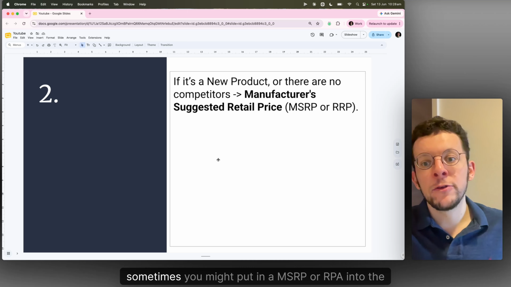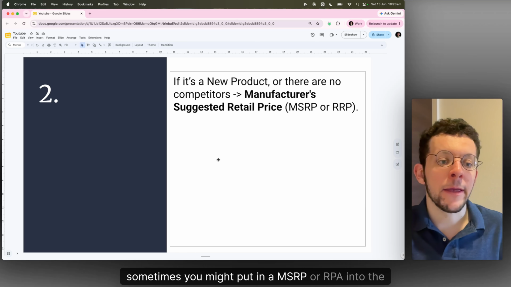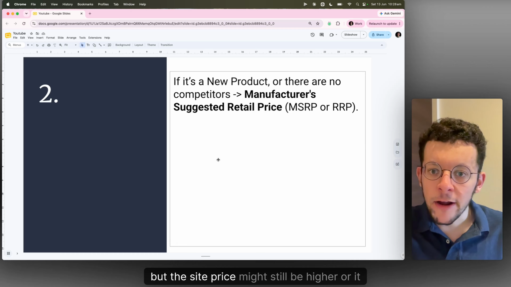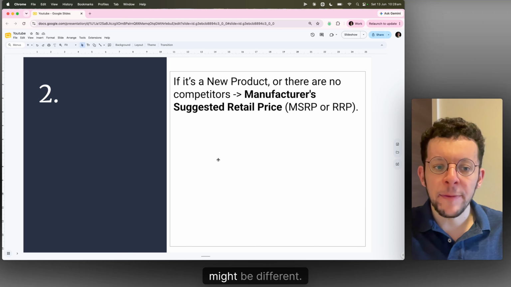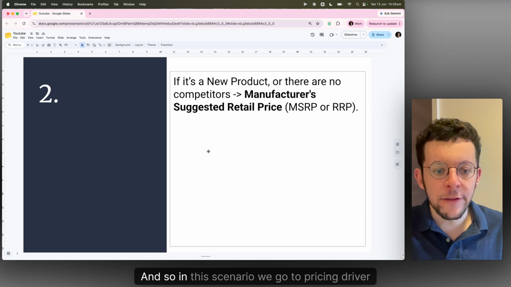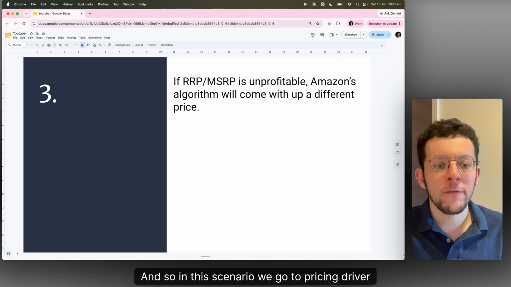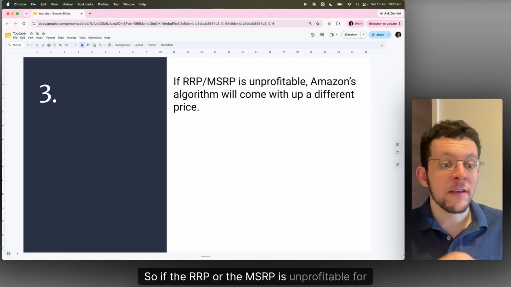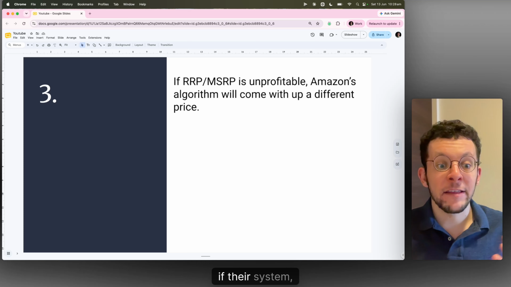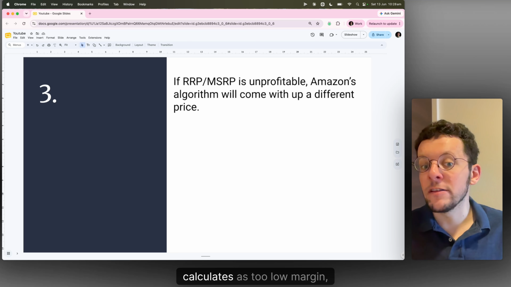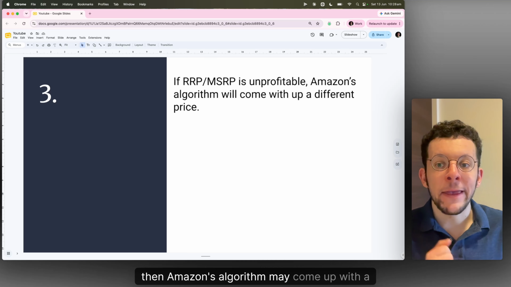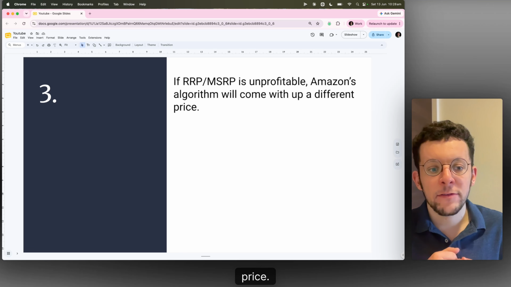Now, sometimes you might put in an MSRP or RRP into the system, but the site price might still be higher or it might be different. In this scenario, we go to pricing driver number 3. If the RRP or the MSRP is unprofitable for Amazon, if their system calculates it as too low margin, then Amazon's algorithm may come up with a different price.